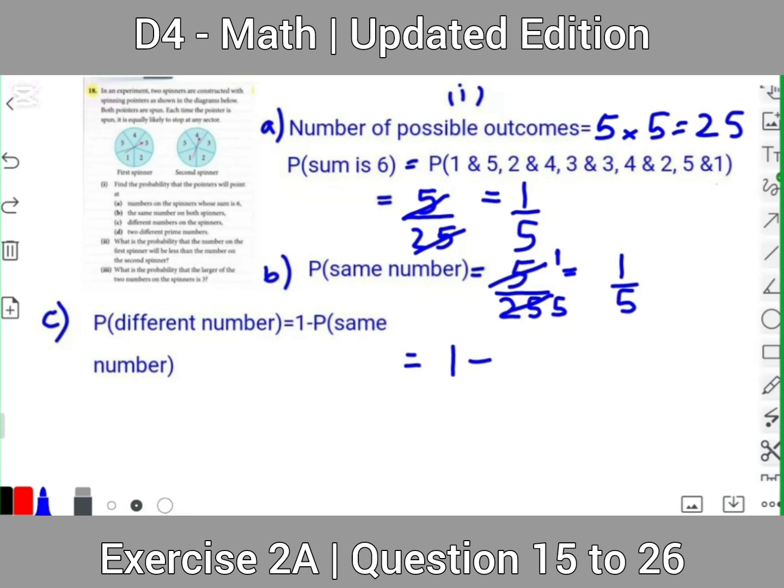So this will be equal to 1 minus 1 over 5, which becomes 5 minus 1 over 5, and simplifies to 4 over 5. So the probability that the pointers will point at different numbers on the spinners is equal to 4 over 5.